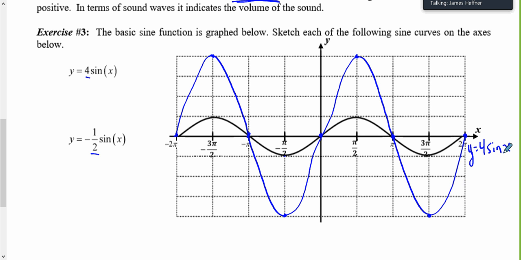And the -1/2, well, it's just going to change all the values to negative, and you're going to take half of it, right? Are we still starting at 0 here? I would say the answer is yes.